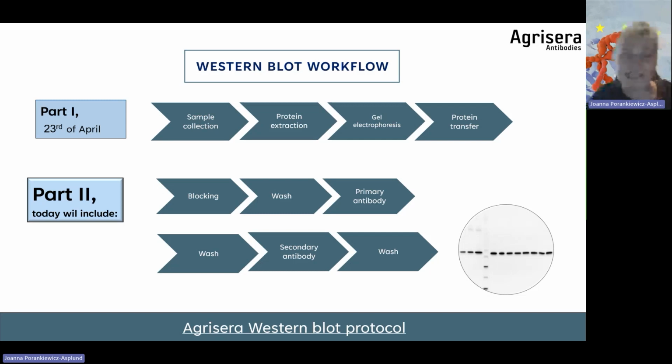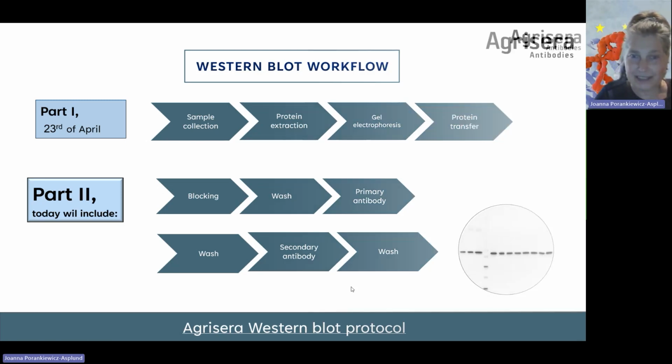I will share the slides also as a PDF with links, and there you will find the link to the recording of part 1. And today we are focusing on the further steps of the Western blot procedure, which hopefully are leading to the result as you see on this slide.